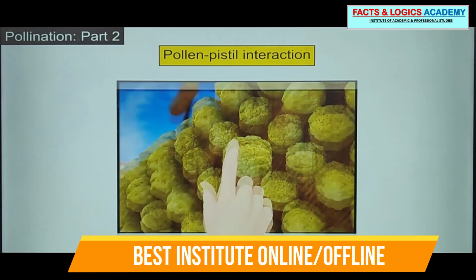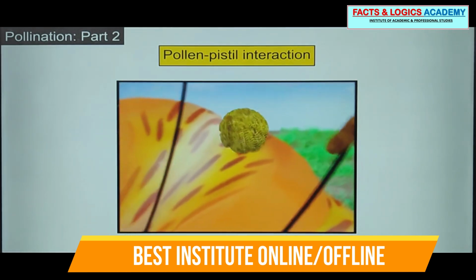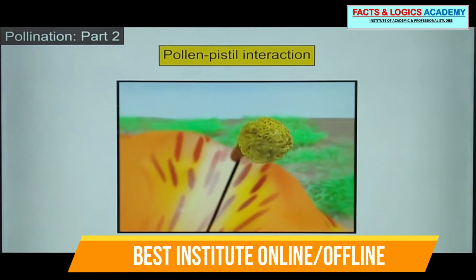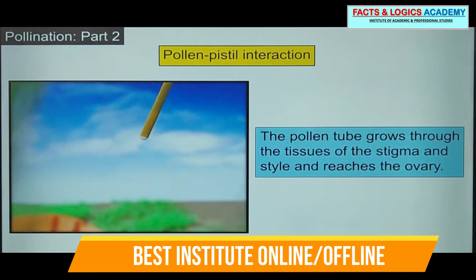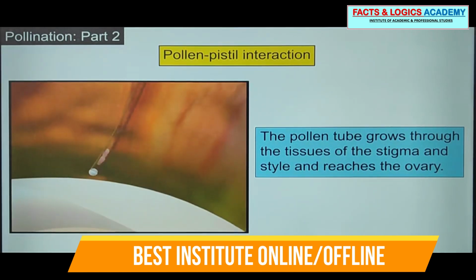Well, after compatible pollination, the pollen grain germinates on the stigma of the pistil and produces a pollen tube through one of its germ pores. The pollen tube grows through the tissues of the stigma and style and reaches the ovary. Now, through this pollen tube, the contents of the pollen grain are transferred to the ovary.